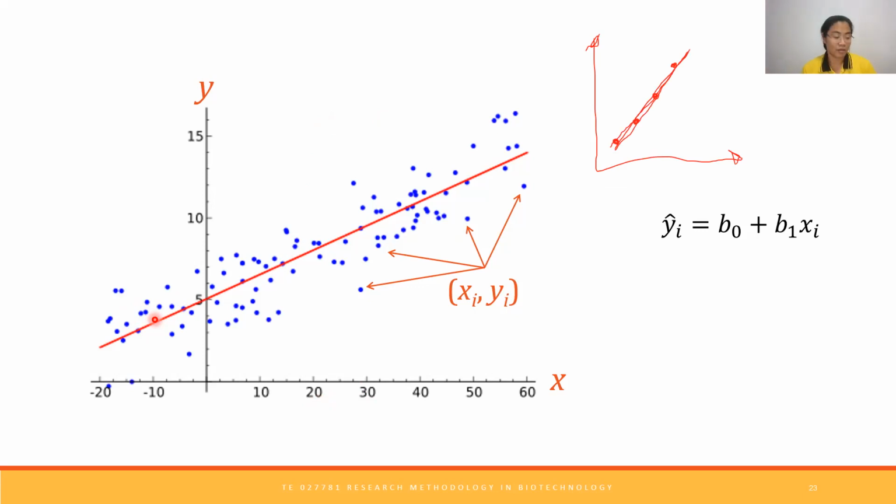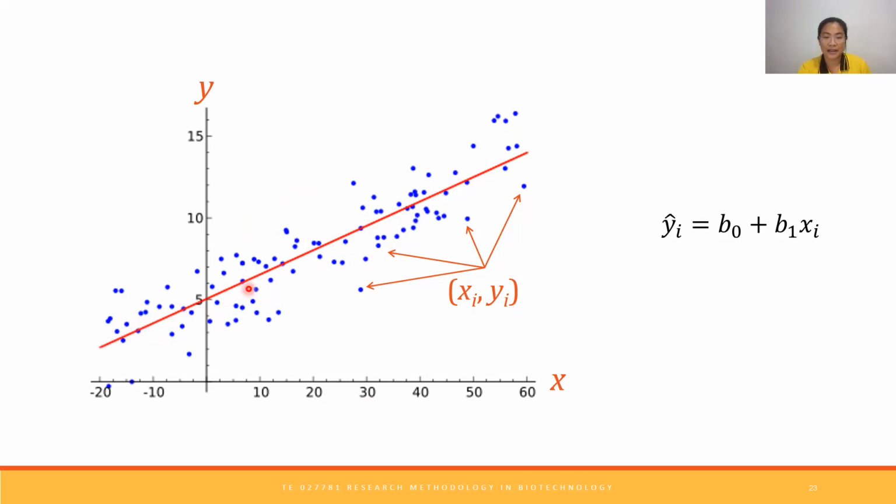In real life it's not going to be like that, especially when you do experiments. You are likely to get different points, but it has a trend, like in this example, a trend of being a straight line.